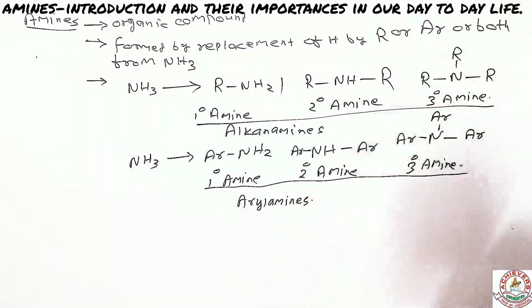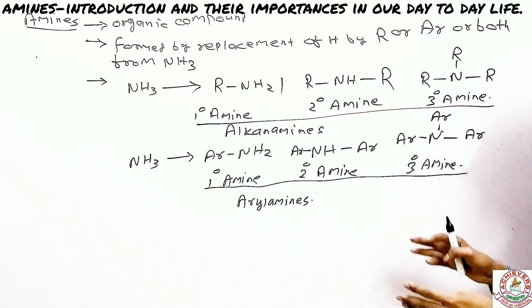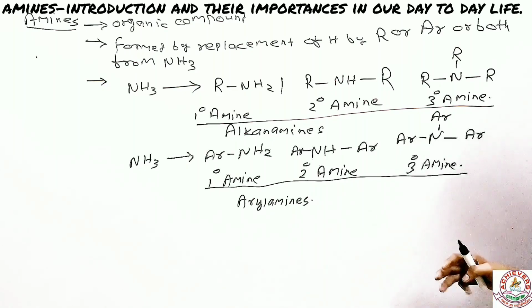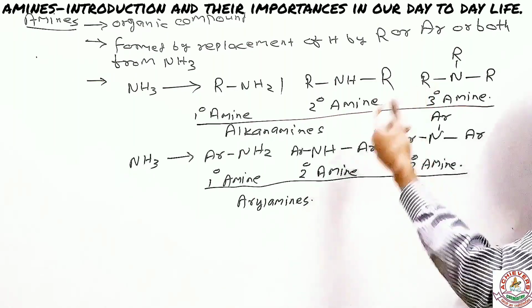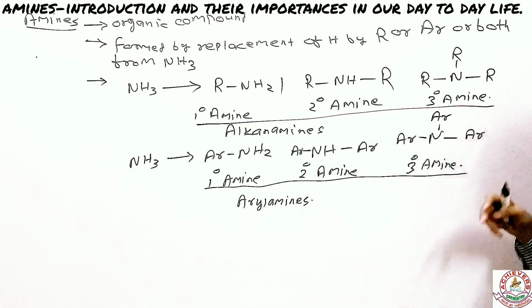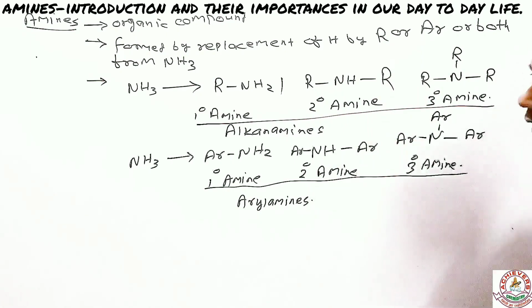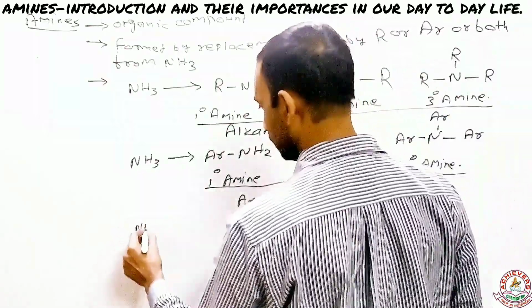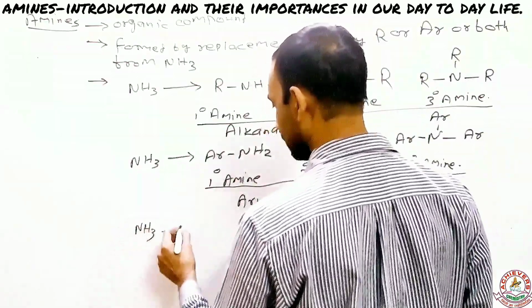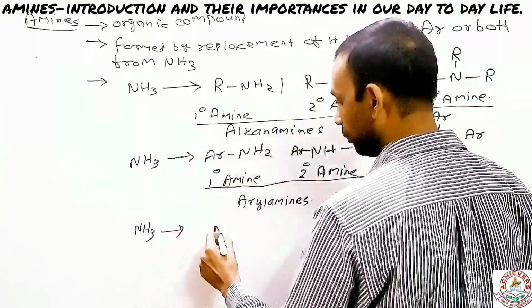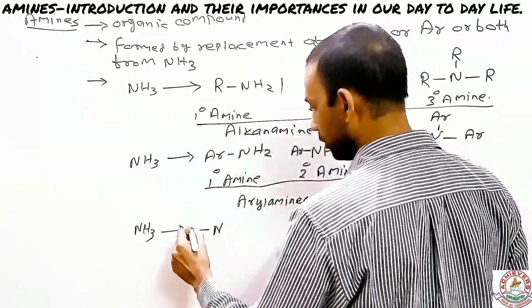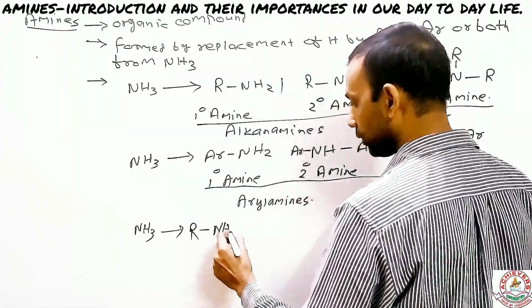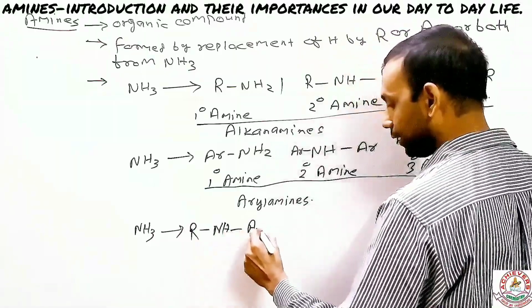So you have probably understood how an amine is formed. You can place alkyl group with nitrogen, you can place aryl group with nitrogen, but you can also have one more option where the hydrogen can be occupied by both alkyl as well as aryl.